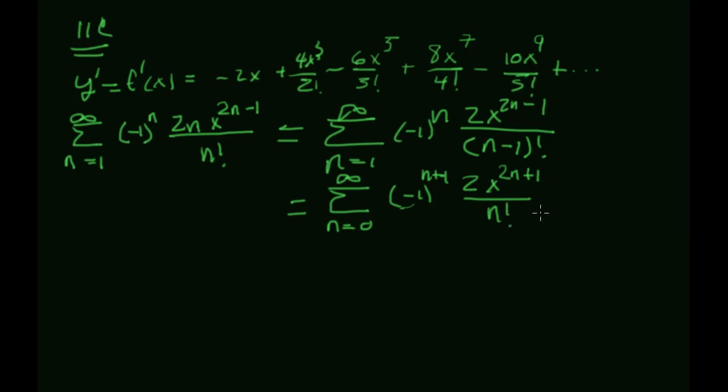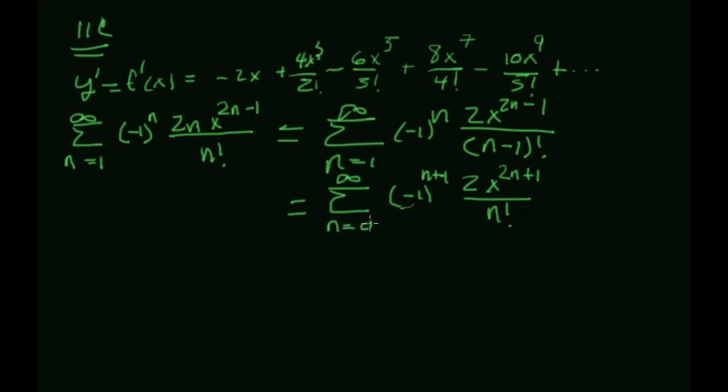Okay, so try to convince yourself again that this creates this series. Because if I put in 0, I get a negative 1, that's 2x to the first, over 0 factorial, which is 1.